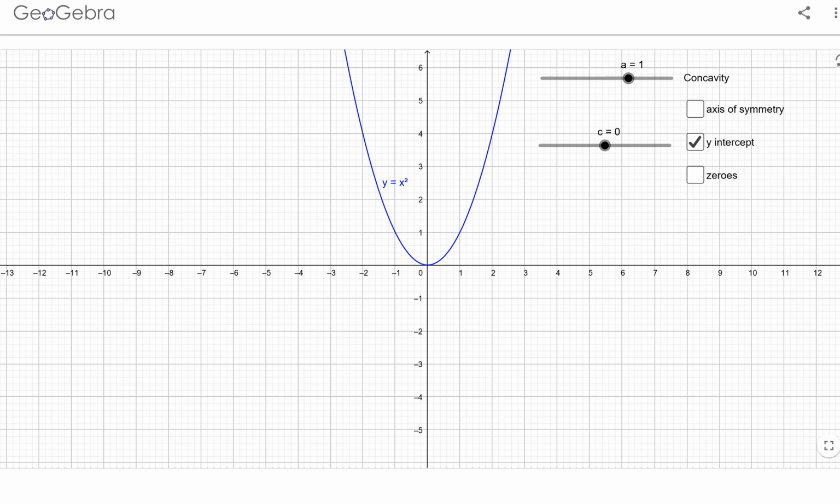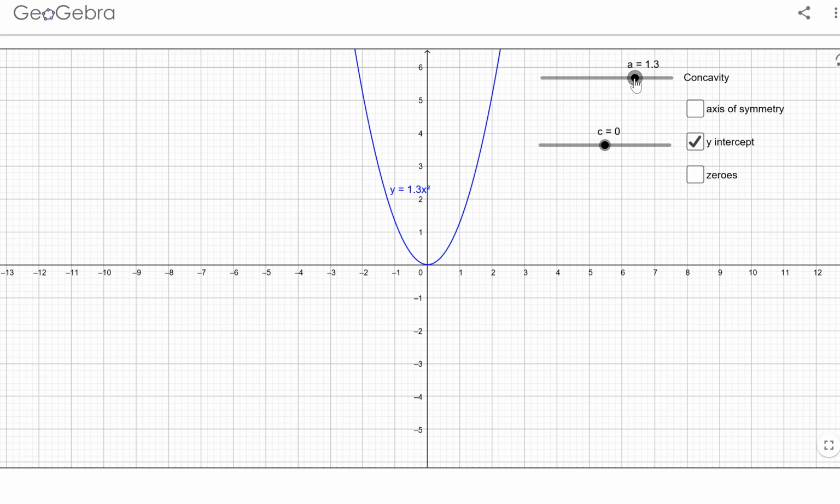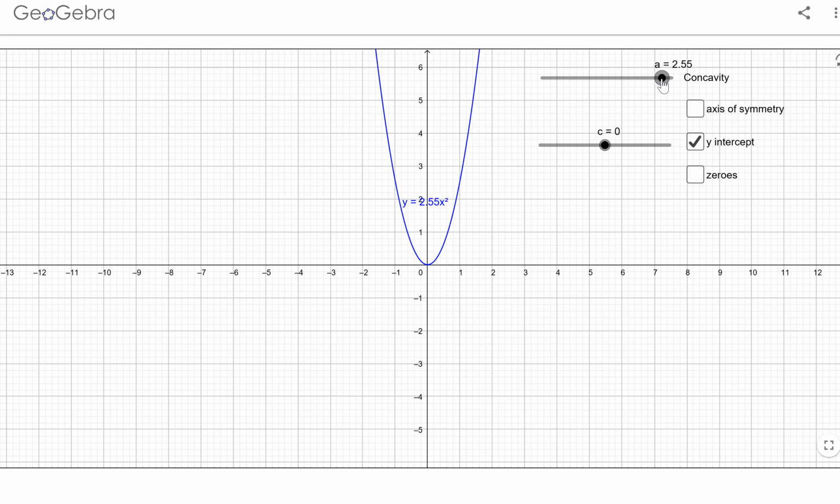So here we have the simplest quadratic, y equals x squared, and the simplest parabola, of course, as well. Its concavity is up, and if I change the value of a, the number in front of the x squared, the bigger that gets, the tighter the parabola is to the axis.